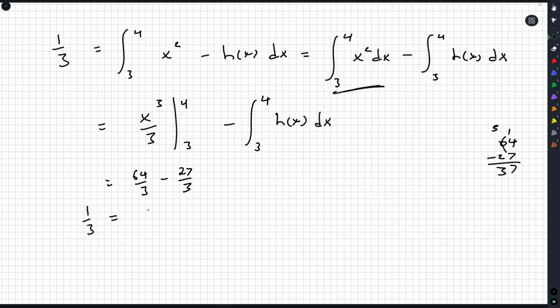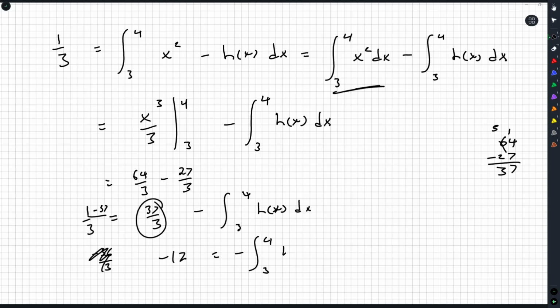So 1/3 is 37/3 minus our final missing integral. So subtract 37/3 from both sides. You'll get negative 36 over 3. So that's going to be negative 12 is negative of my integral. So let's drop the minus sign, and we see 12 is the integral of h from 3 to 4.